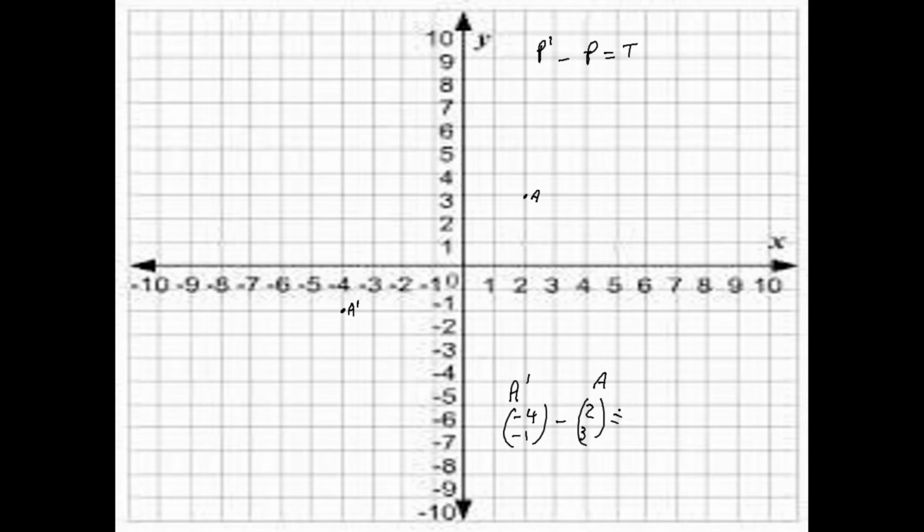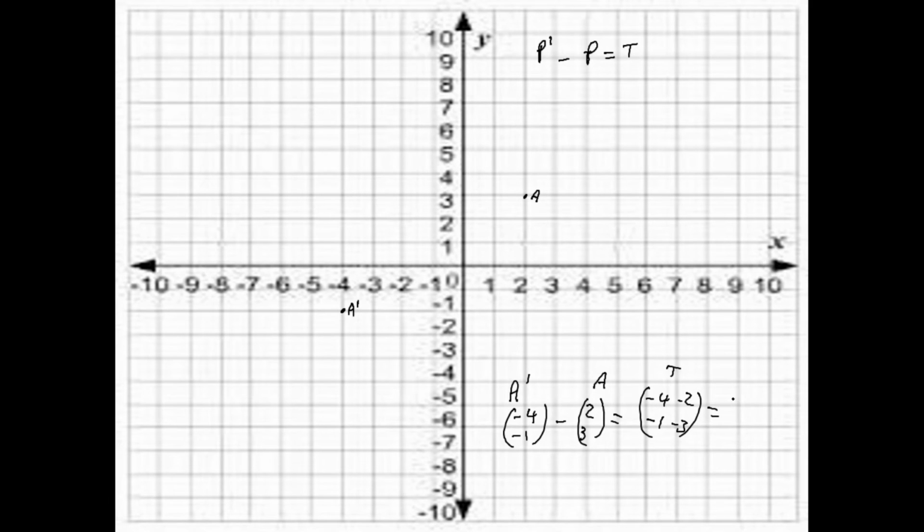Okay. Just going to subtract this, it gives us our transformation matrix, which is a minus 4, minus 2, minus 1, minus 3, should be equal to our transformation matrix, right?